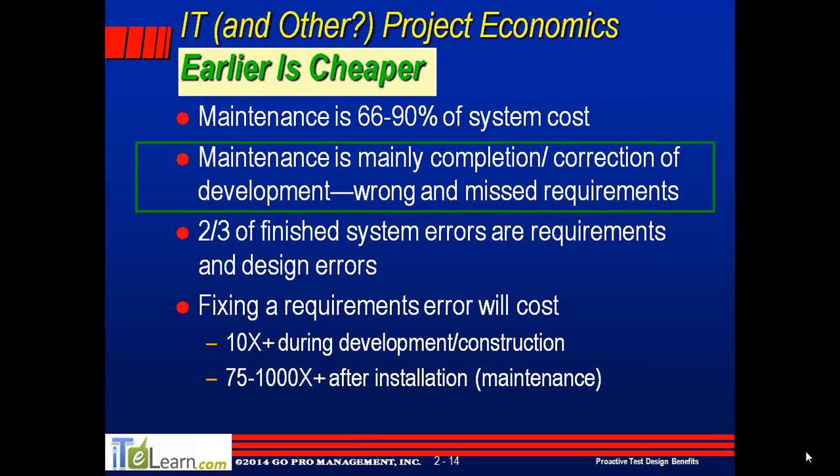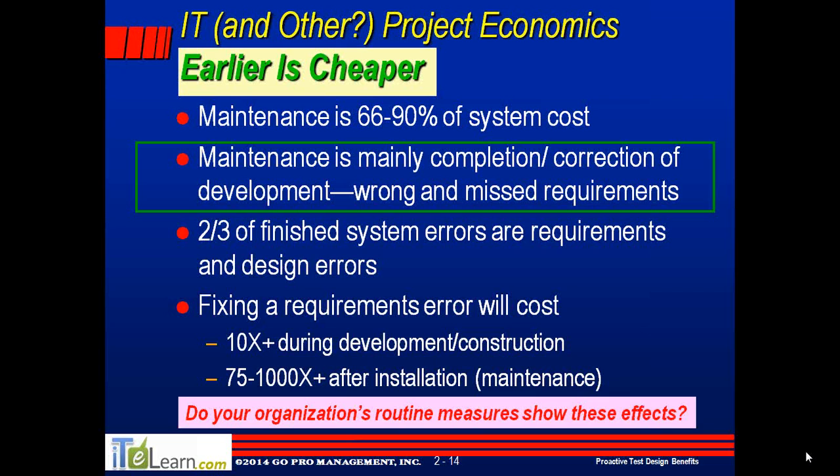So the time to catch problems is as early as possible. The earlier you catch a problem, the easier and cheaper it is to fix. Proactive testing helps catch more problems earlier when they're easier and cheaper to fix. Now, I'm sure that you've heard these types of statistics before.